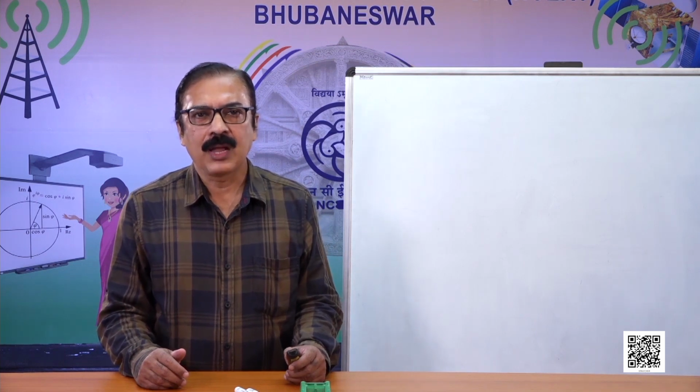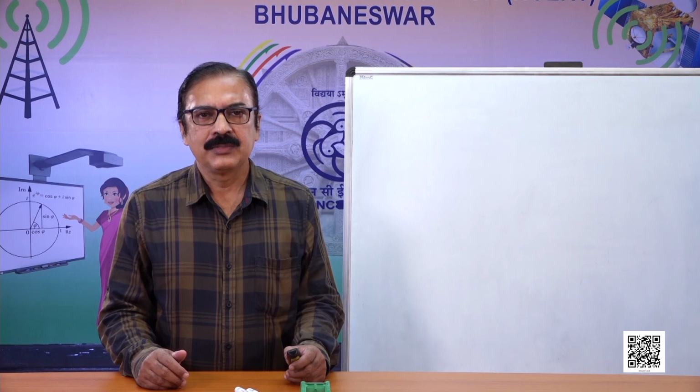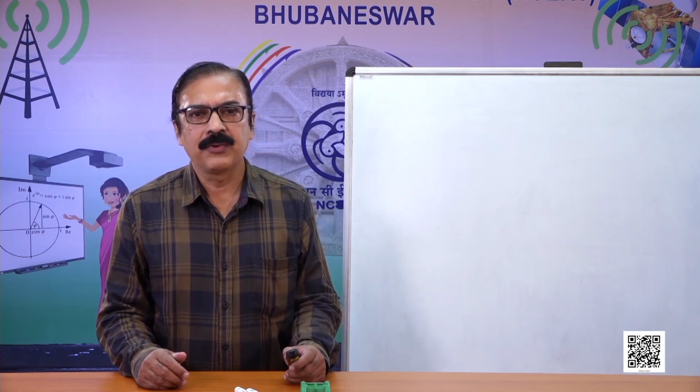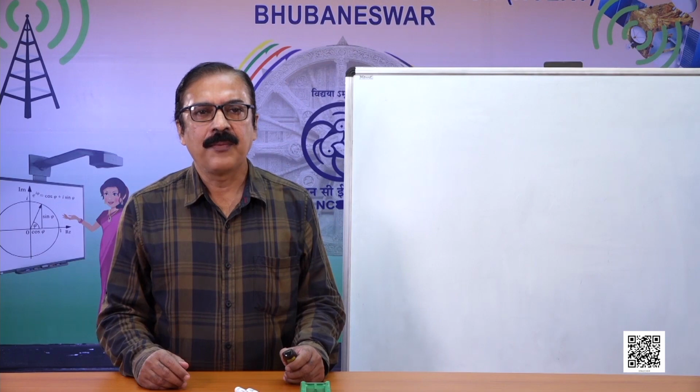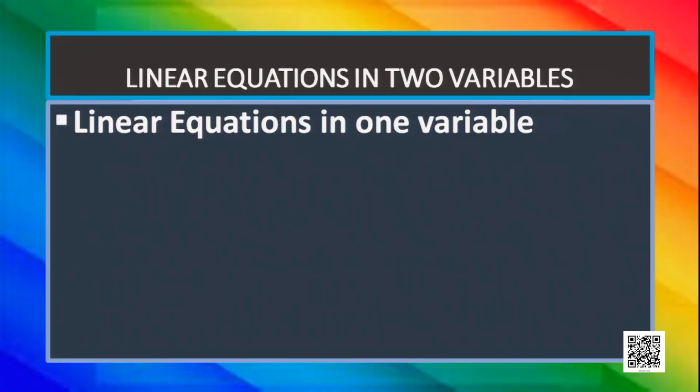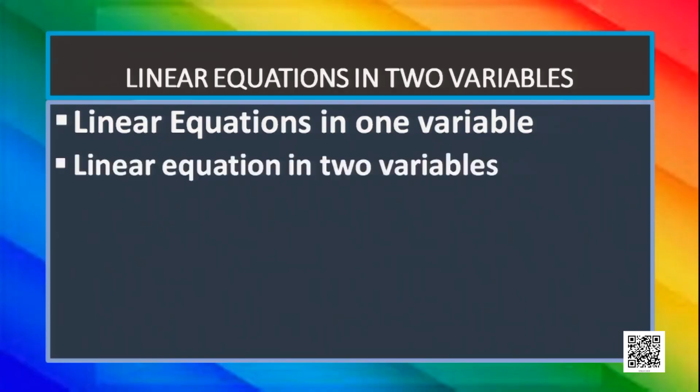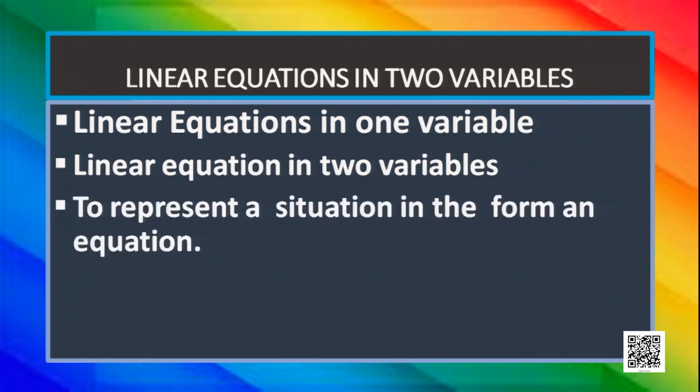Today, we are going to learn from chapter 4, linear equations in two variables. This is part 1. In this part, we will learn about linear equations in one variable, linear equations in two variables, and how to represent a situation in the form of an equation.